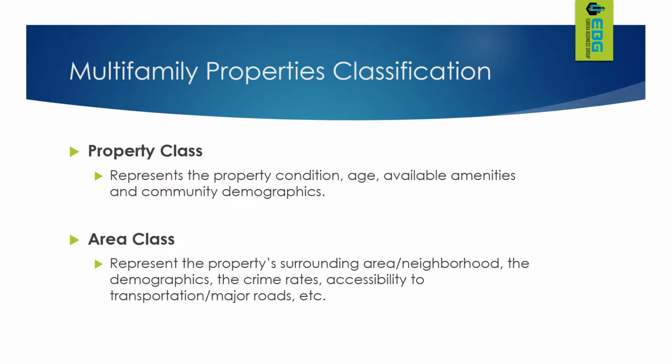And it's very similar in terms of what we're looking for, demographics and age and so on. But when we're looking at the area, we're looking at crime rates, accessibility for public transportation, major roads, what kind of retail is in that area, is there a shopping strip, is there a mall, and so on. So these are the two different classes that we're looking at when we're talking about multifamily properties.